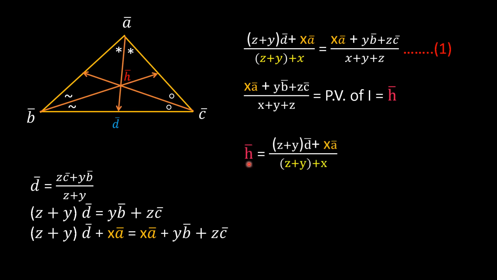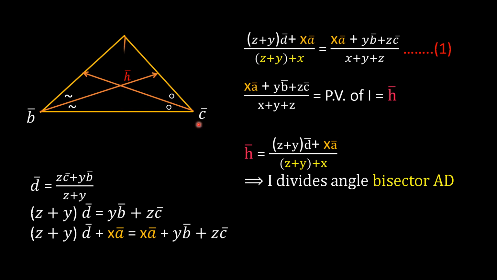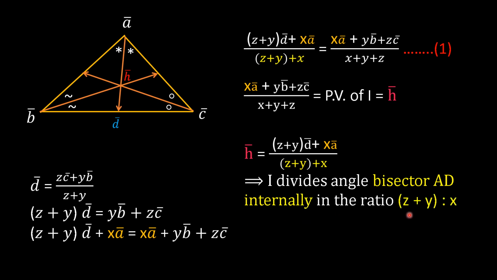Therefore, we write h bar equals (z plus y) d bar plus x a bar divided by z plus y plus x, from equation 1, which implies that I divides angle bisector AD, that is the incenter I divides angle bisector AD internally in the ratio z plus y as to x.